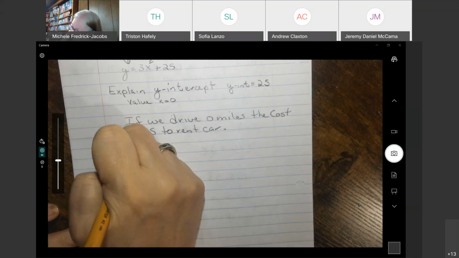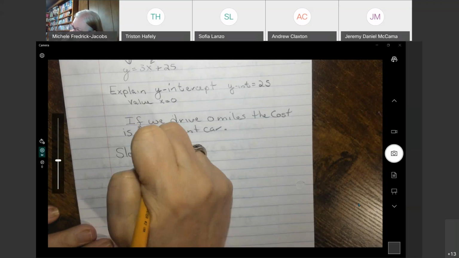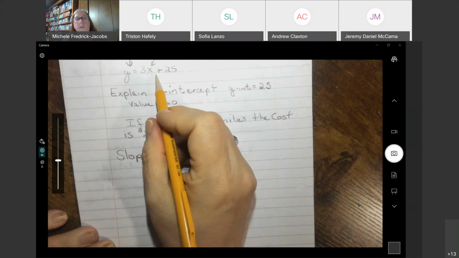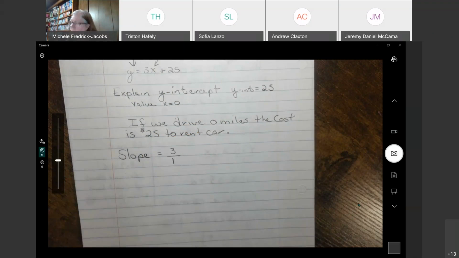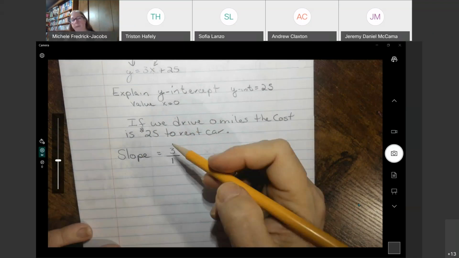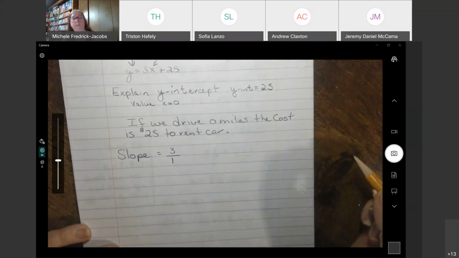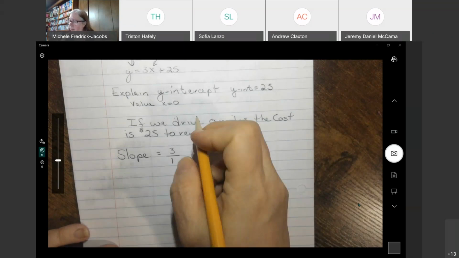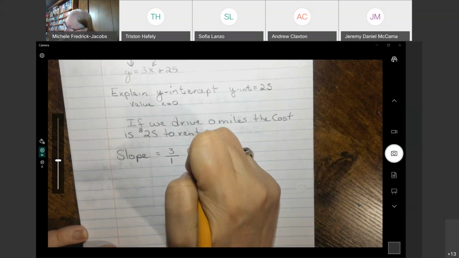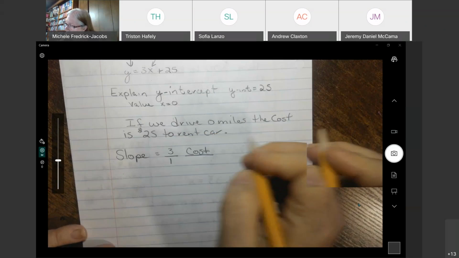Our slope in this case was the 3. But when you're explaining a slope, you need a fraction because it's the change in y over the change in x. So just like when we graphed it, we put it in a fraction. It's change in y, and y is the cost, and x is the miles.